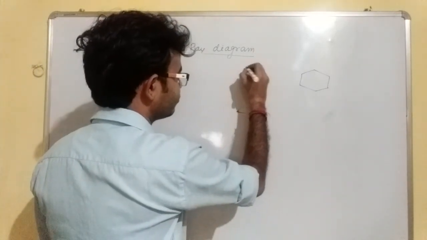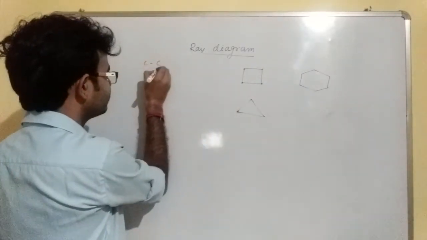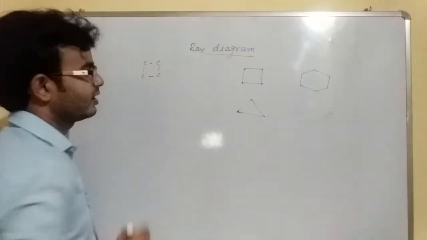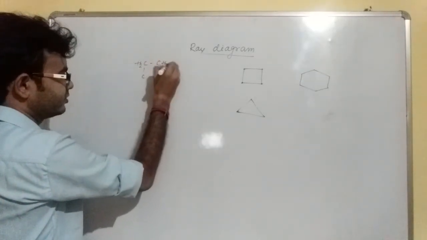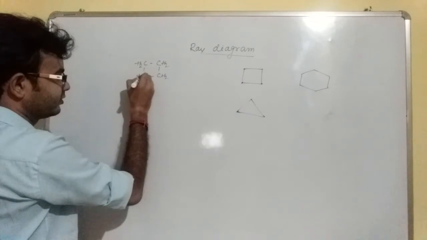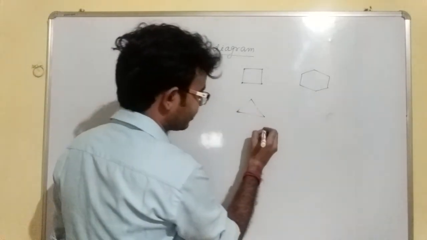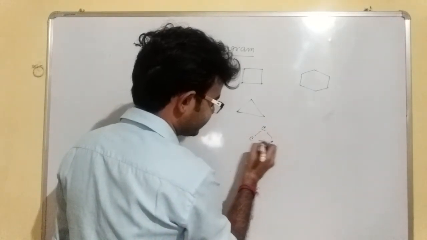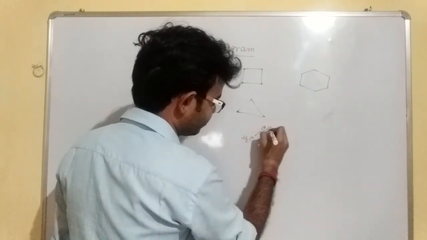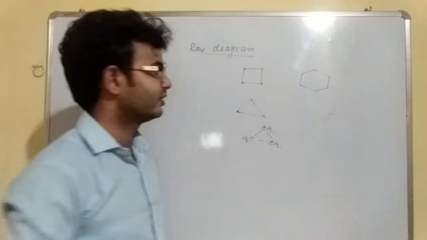There are 1, 2, 3, 4 carbons. This one is in cyclic form. Then you have to fill it with hydrogen: CH2, CH2, CH2, CH2. Same for the other one. There are 1, 2, 3 carbons. Connect them by single bonds: CH2, CH2, CH2.